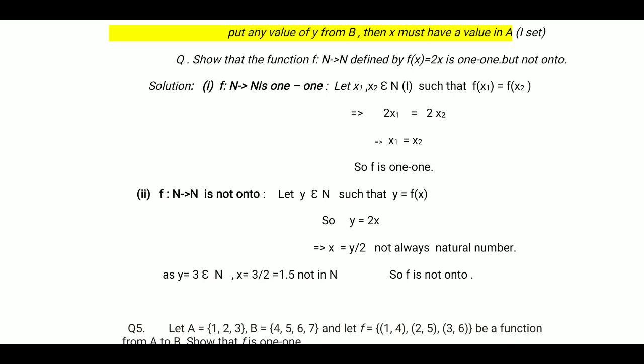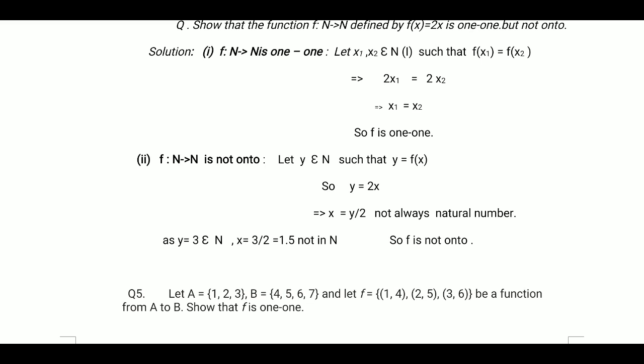We get the result x1 is x2, so f is 1-1. Now to show f is not onto, how will you show? You take any one element of the second set, second N, such that y is equal to f(x). Now put the value of f(x), we get y is equal to 2x, and find the value of x, we get x is equal to y upon 2.